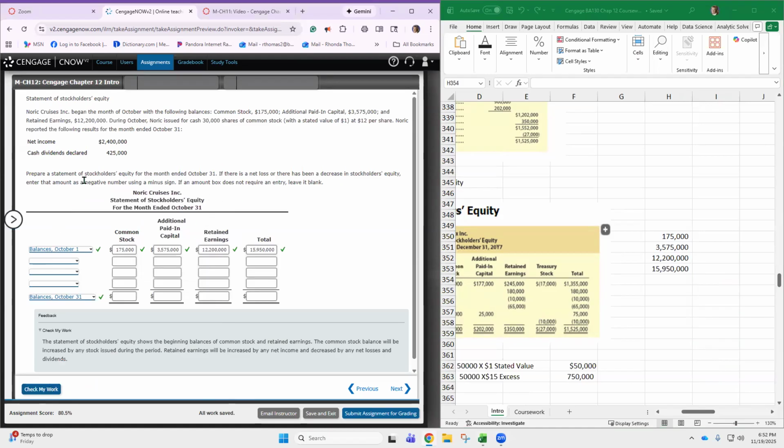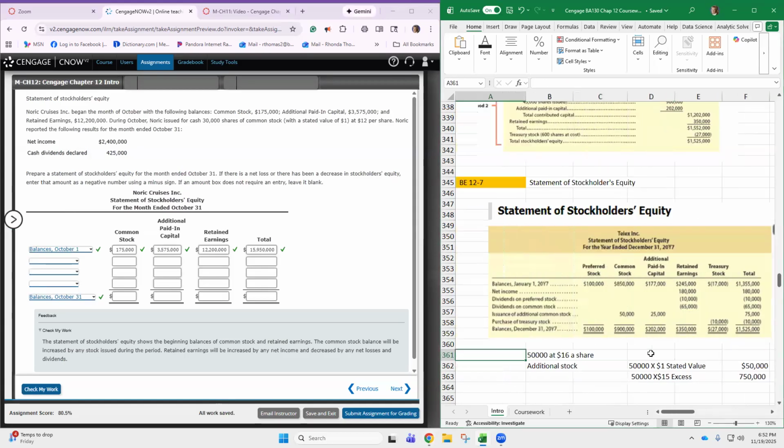So what are some things that can happen? We can have net income, we can issue additional common stock. It looks like during October, Nordic issued for cash 30,000 shares of common stock with a stated value of $1 at a $12 per share price.